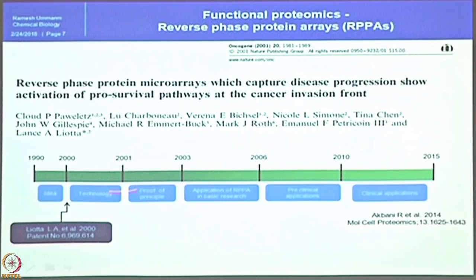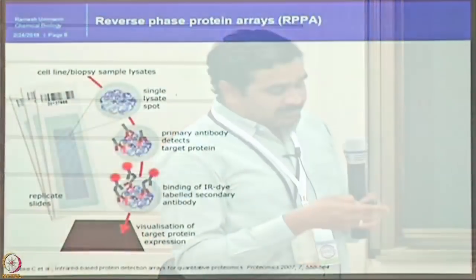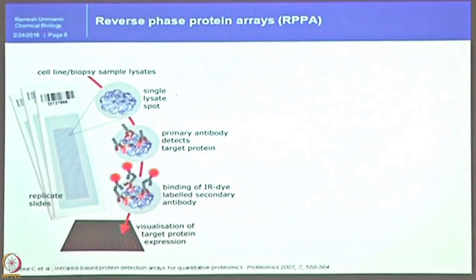Finally, it came into the light in 2001 after proof of concept. Further it is progressing. Now in 2015 people announced that this can go really into the clinic towards personalized medicine. Now how? I will try to convince you how it can be used in personalized medicine, and obviously it requires a lot of technical challenges.